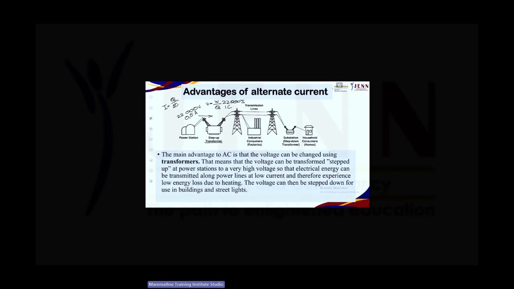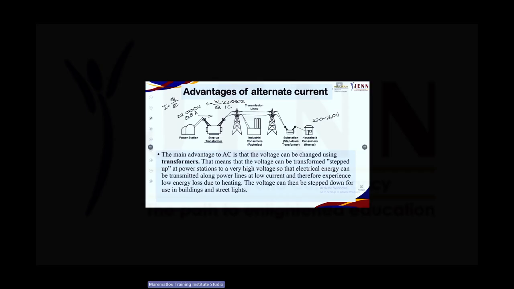And then from the municipality, it is sent to the transformers that are in our different suburbs. And those transformers decrease our voltage so that our households are only supplied with about 220 to 240 volts.